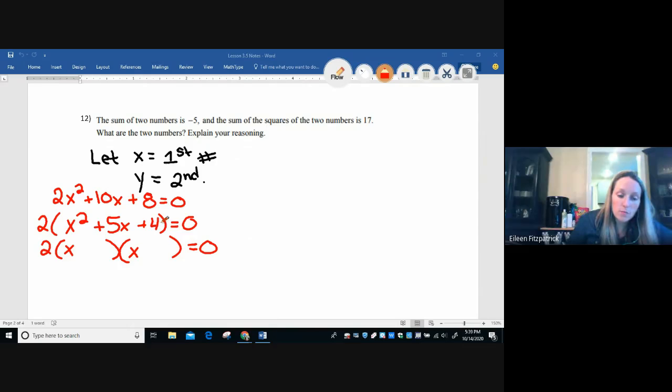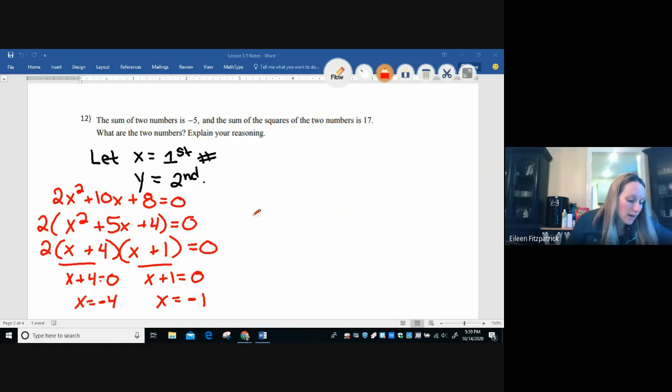Factors of 4 that multiply to 4 but add to 5 are 4 and 1. Right? 4 plus 1 is 5. 4 times 1 is 4. Set these equal to 0, the zero product property. And you get x is equal to negative 4. And you get x is equal to negative 1.